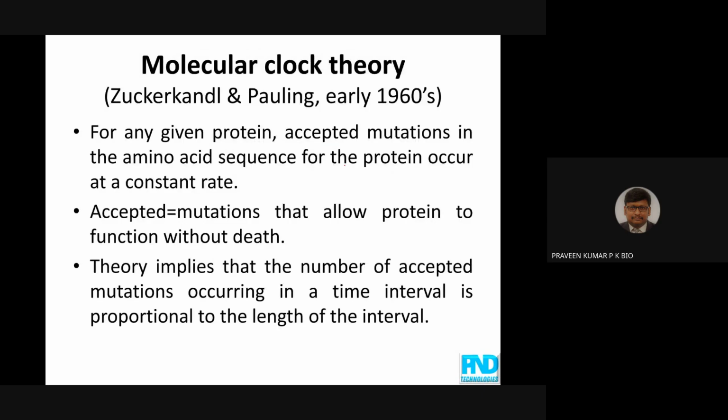Okay. Now let me take you to the next concept, molecular clock theory. So we have three molecular clock theories. This is actually molecular clock theory 1. This was proposed by Zuckerkandl and Pauling in the early 1960s. According to them, for any given protein, accepted mutations in the amino acid sequence of the protein occur at a constant rate.